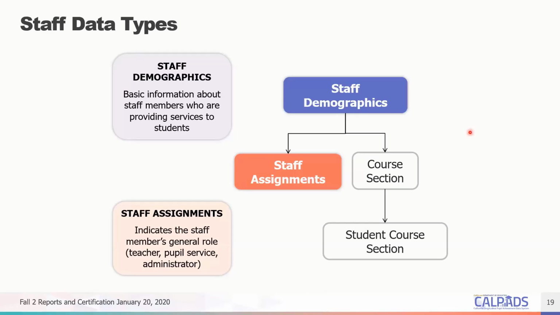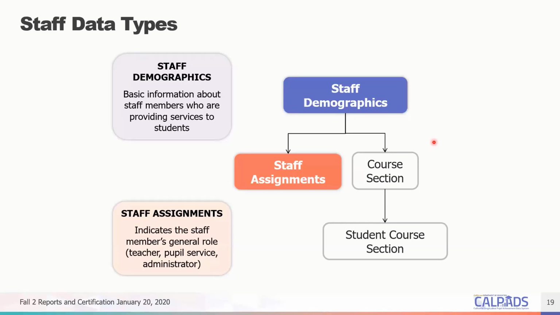If the SSID enrollment file in Fall 1 is your anchor file, the staff demographic file is basically your anchor file for Fall 2, meaning you need to gain ownership of a staff member by submitting a staff demographic record before you report their assignments, assign them to a course, and associate them to a student in that course.